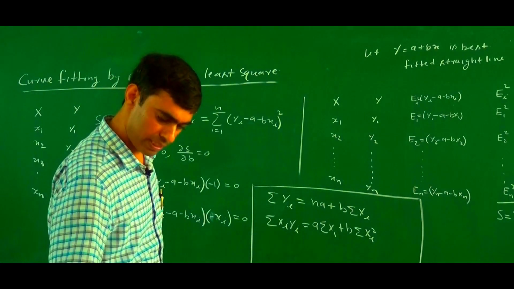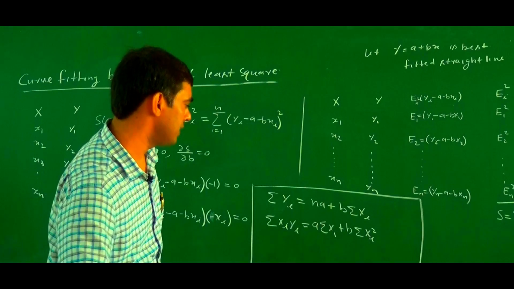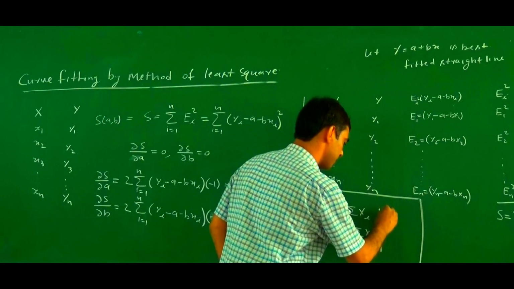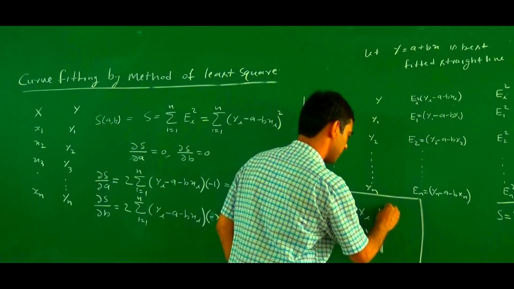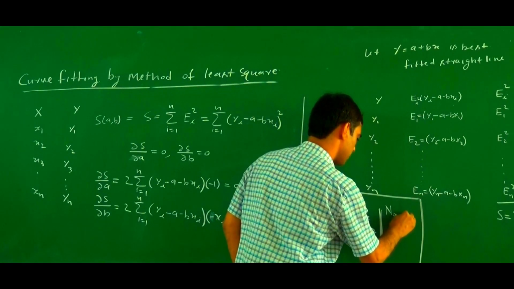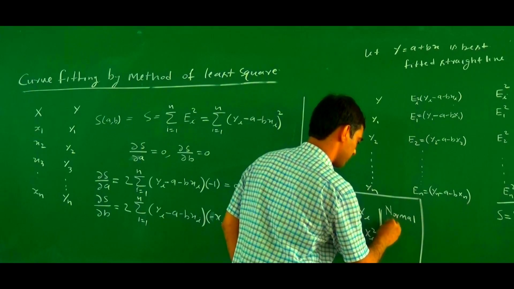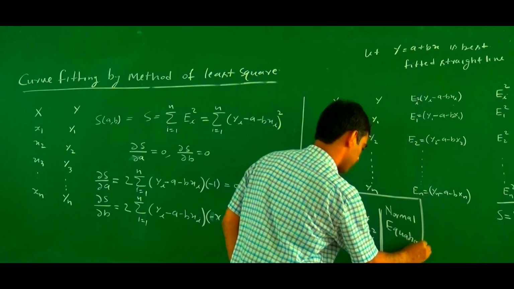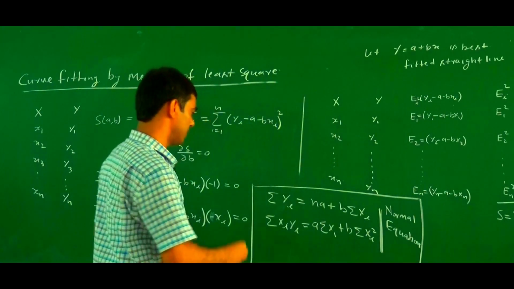These two equations are known as the normal equations in the method of least squares.